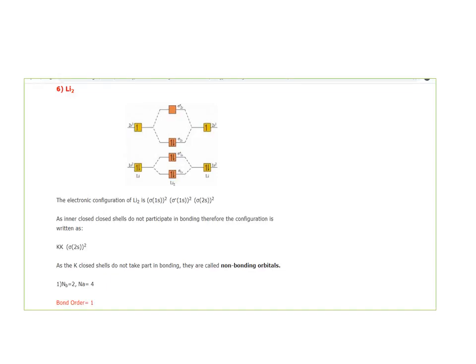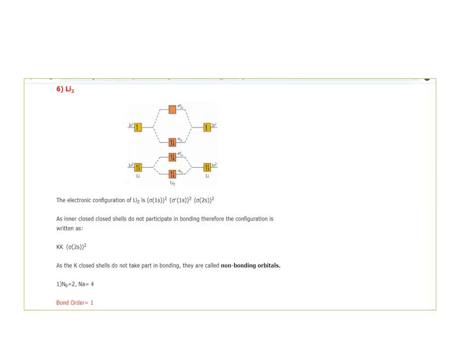And here is one thing for you students. Inner closed shells do not participate in bonding, so we can take it as KK. First K denotes sigma 1s, next K denotes sigma star 1s.